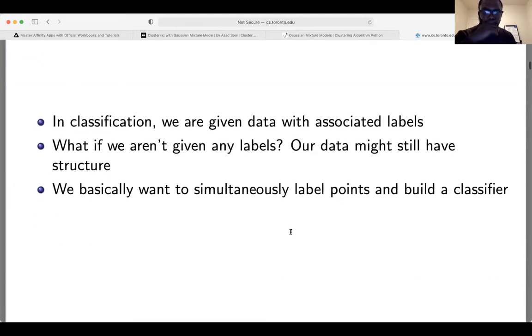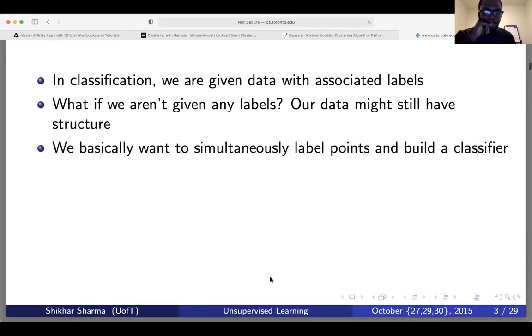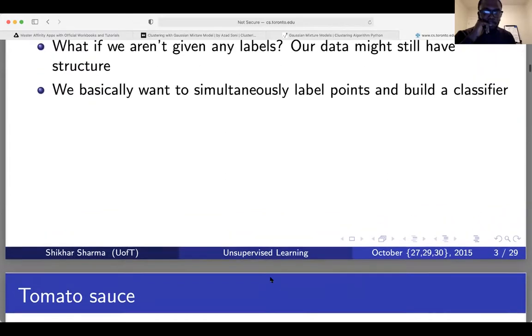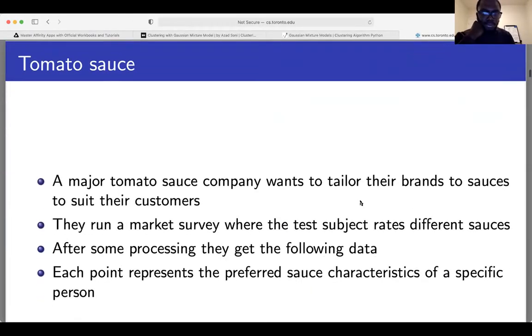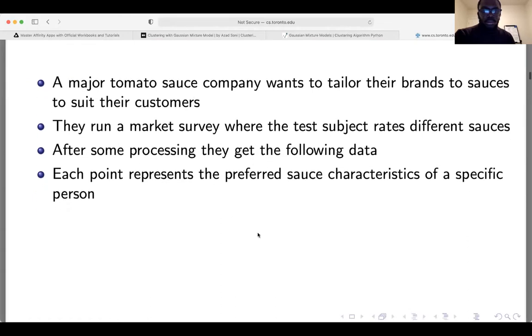Like you said, we don't have any labels, but we want to simultaneously label points and build a classifier. And so they give an example here for tomato sauce. If you had a tomato sauce company that had brands and wanted to tailor their brands to sauces to fit their customers, they ran a market survey where the test subject rates different types of sauces, and after some processing, they get the following data.